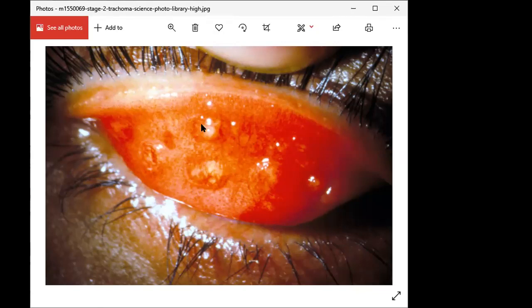If it is present in the lower eyelid, then it is called another type of follicular conjunctivitis, right? So trachoma will usually be present on the upper part of the eyelid only. It may also extend into the fornix region, or sometimes enter the bulbar conjunctiva a little, but it is usually in the palpebral conjunctiva completely, right?